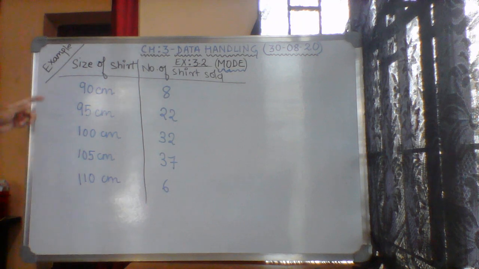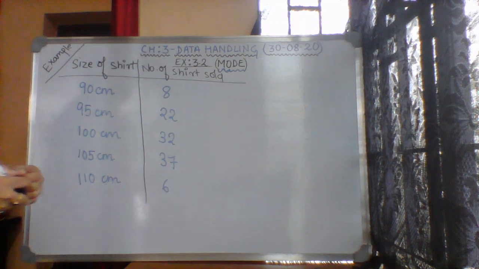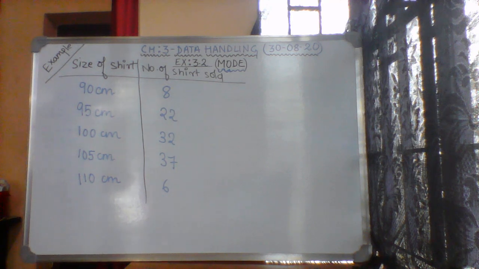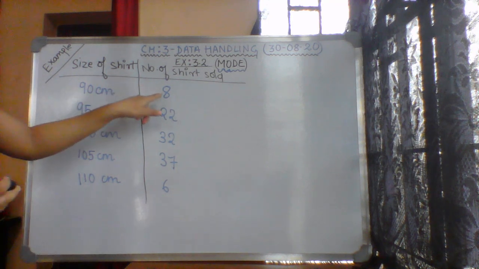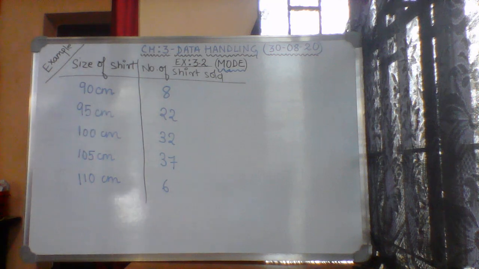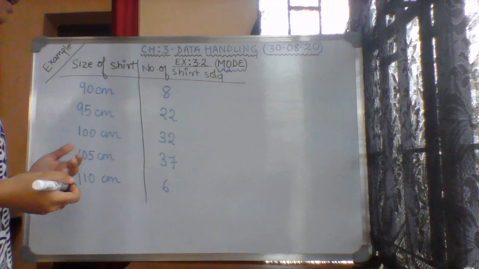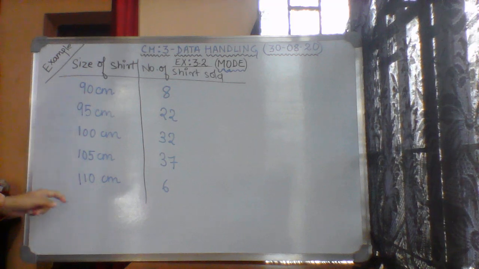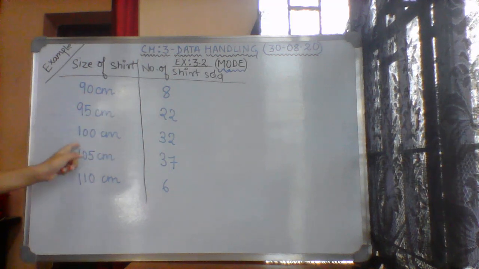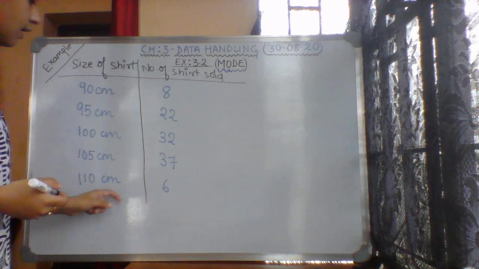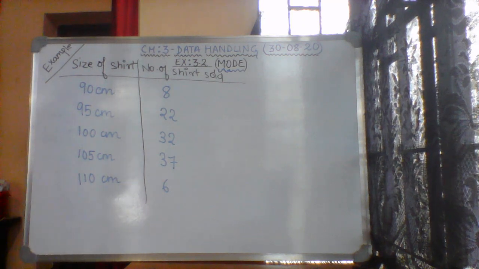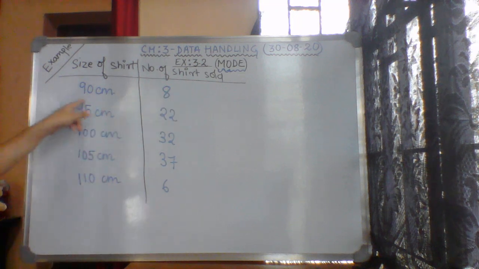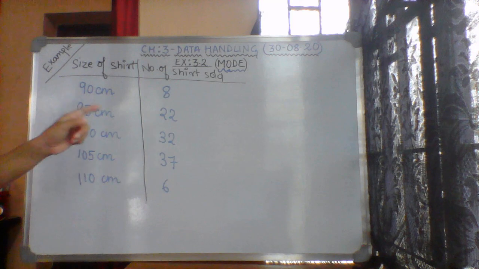Friends, I have taken an example: weekly demand of shirt sizes, which size of shirt is being purchased by how many people. Which shirt size has more demand, which has less demand, that data has been put up here. There are different sizes of shirts: 90 centimeter, 95 centimeter, 100 centimeter, 105 centimeter, 110 centimeter. 8 people buy 90 centimeter shirts in a week.